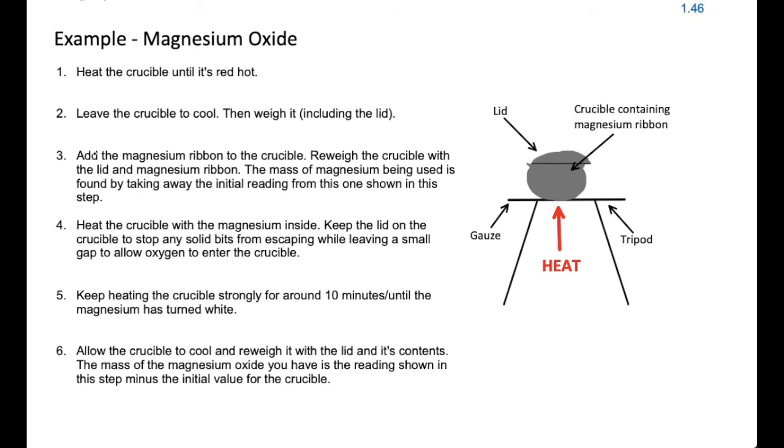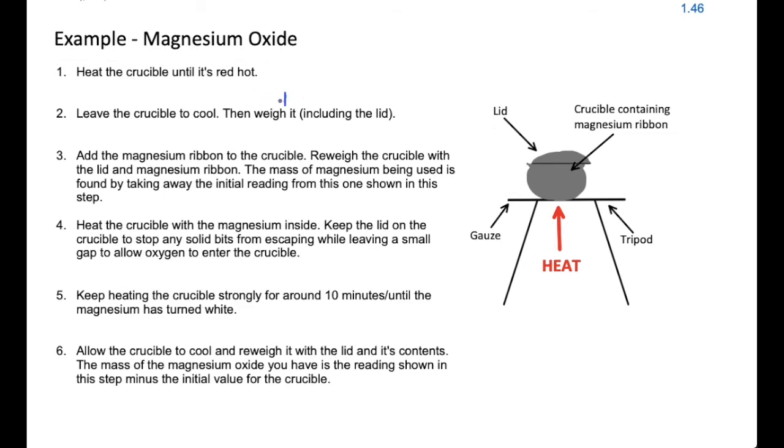So step 3, what we do is add a piece of magnesium ribbon to the crucible and then weigh the crucible with the magnesium inside. So we have a second value for mass here that we get in step 3. What we do is take away the first value obtained in step 2.